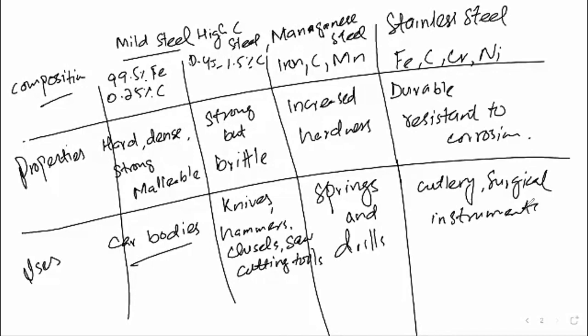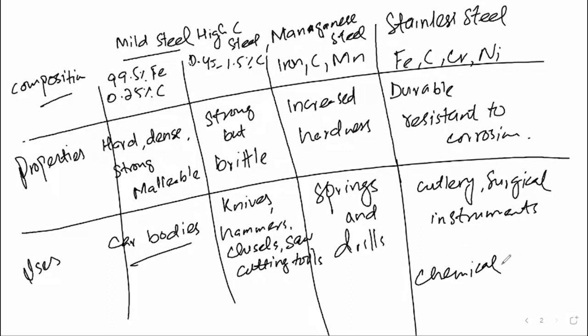It is also used in equipment in chemical plants, because in chemical plants there are different types of liquids, and those liquids cause the corrosion of iron. So a good quality of steel is used, so that chemicals may not start corrosion.